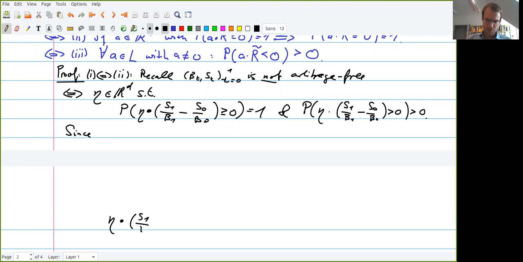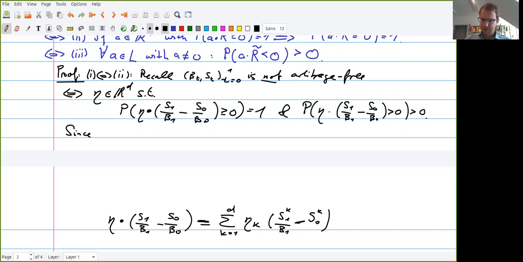So I copy-pasted it for you. If we consider this, what is it? Let's write it out. This is a scalar product, which means I have my eta_k. So these are the components of eta. Now eta_k has to be multiplied with the changes of the kth asset.